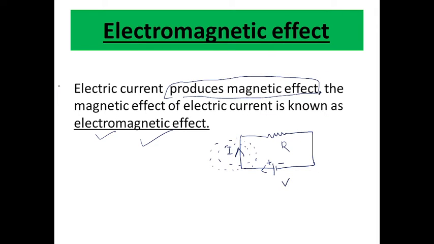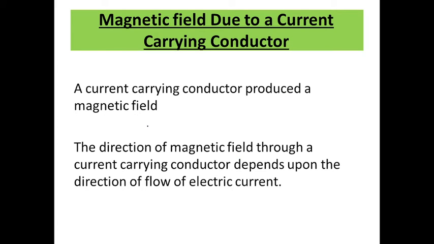Fine. Now read the statement. Electric current produces a magnetic field. The magnetic field effect of electric current is known as electromagnetic effect. Next point, and a very important concept, magnetic field due to a current carrying conductor. Suppose this is a current carrying conductor AB in which the current I is flowing.